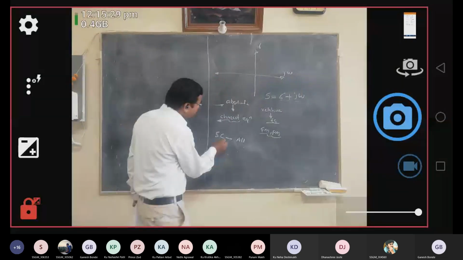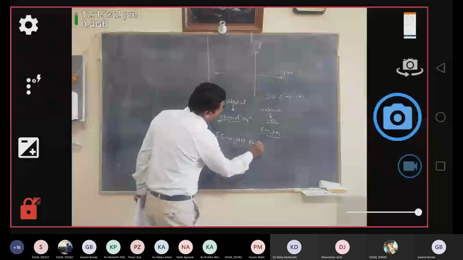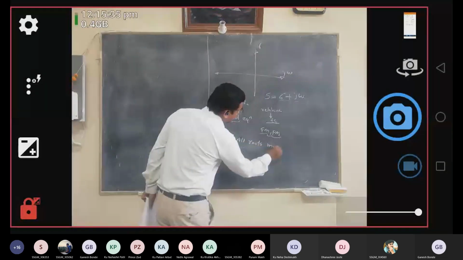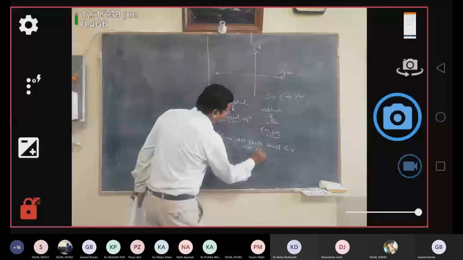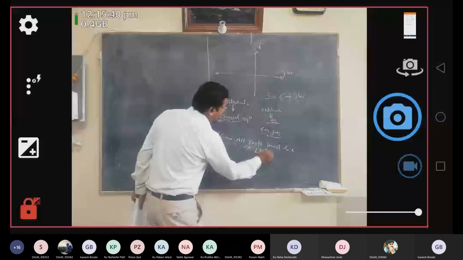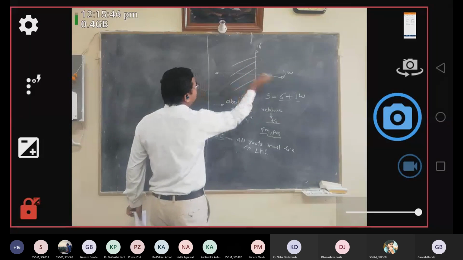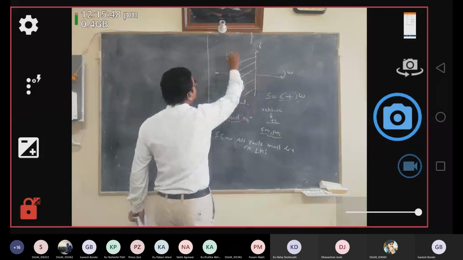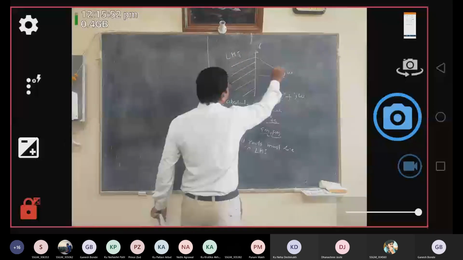Therefore, the sufficient condition is that all the roots of your characteristic equation must lie in the left hand side of your S plane. This will be the imaginary axis, and to the left of this imaginary axis is the left hand side of the S plane, and to the right is the right hand side of the S plane.